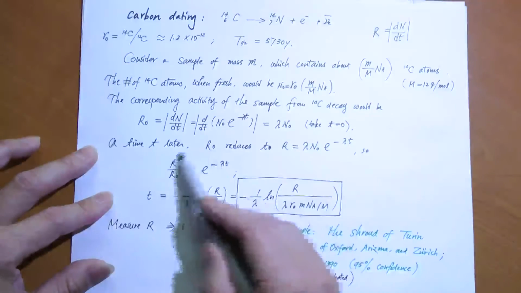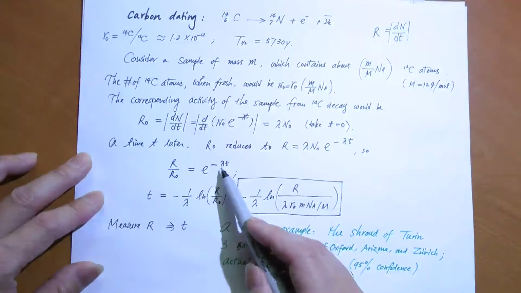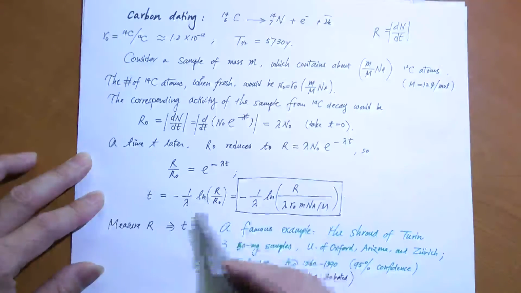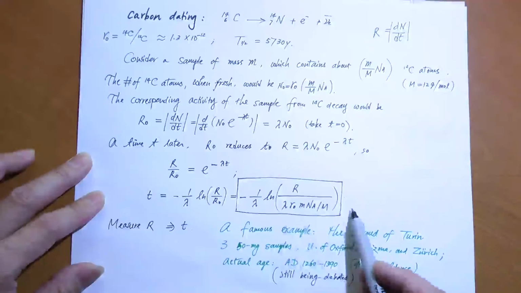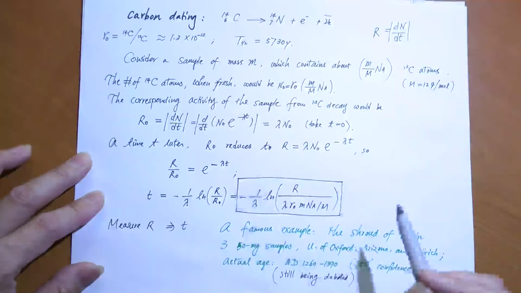So here is the difference. Here's the ratio of the reaction, and from that we can find t. Just take the natural log of both sides, and there we go. So this formula tells you what is the time since the sample died.